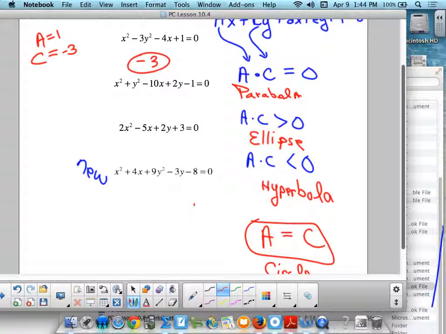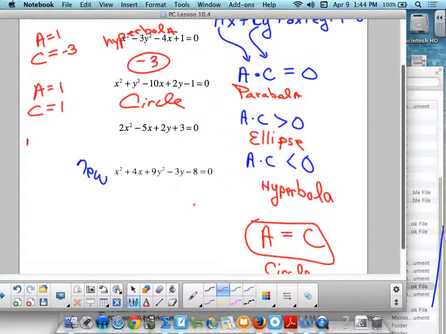This is a hyperbola. Okay, what's this one? A is 1. C is 1. What is it? Circle. If a and c are the same, it's a circle.